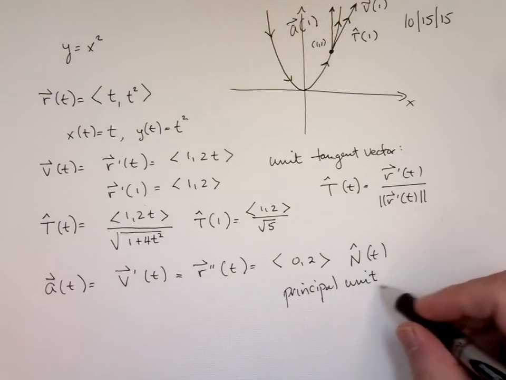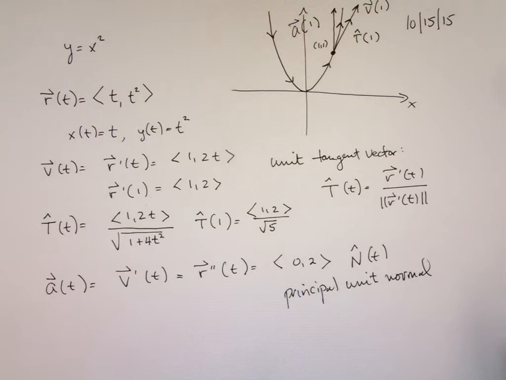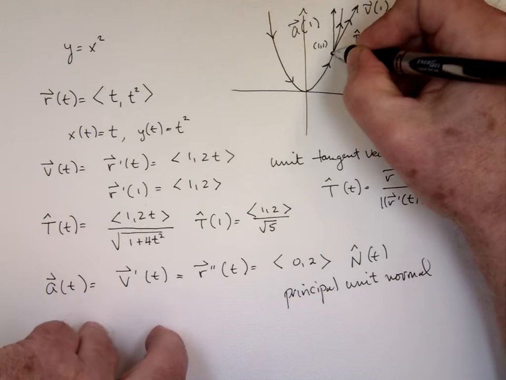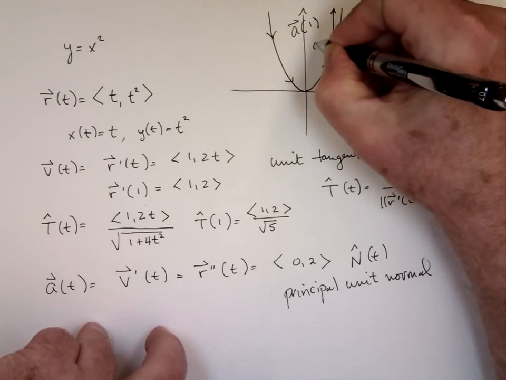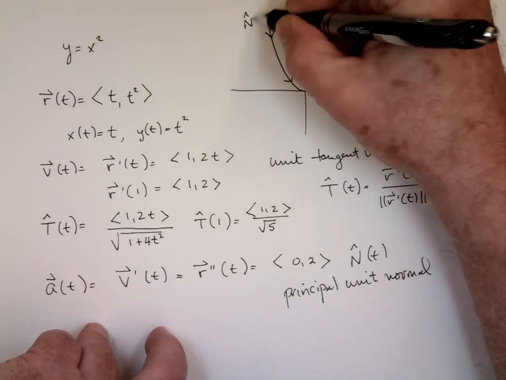This is the principal unit normal, and the reason why it's called a principal unit normal is because there are 2 normal vectors to this path. There's one pointing inward. I'm going to extend it out a bit. This is the one we want.